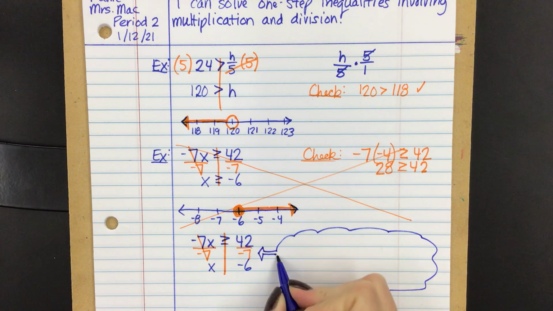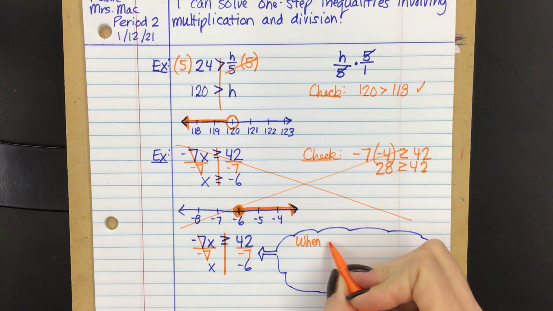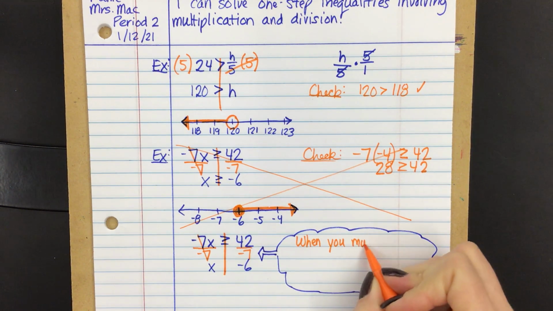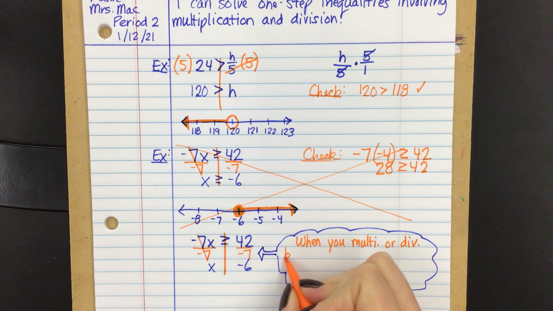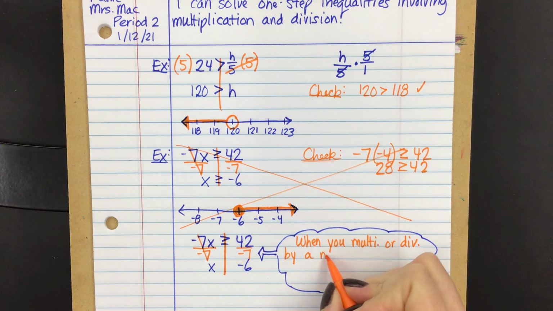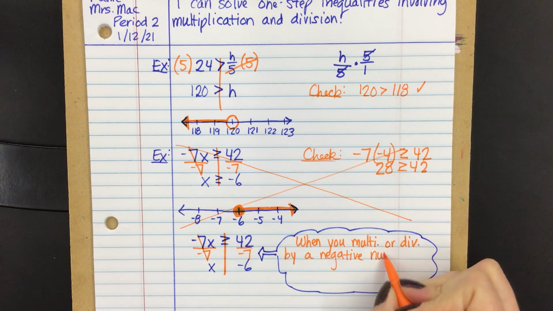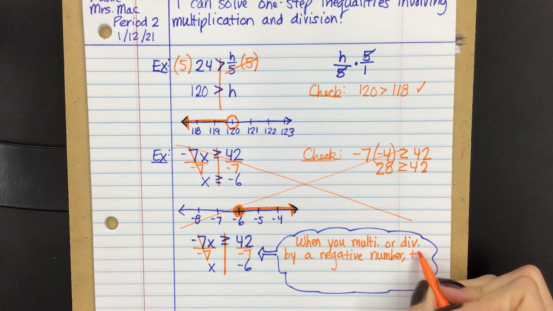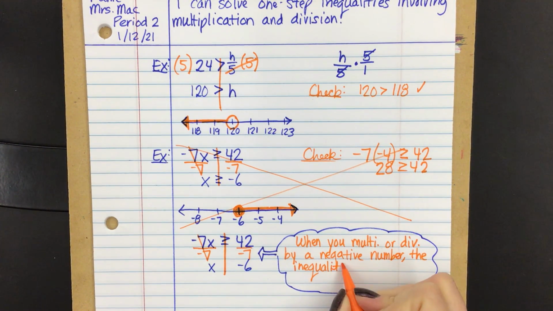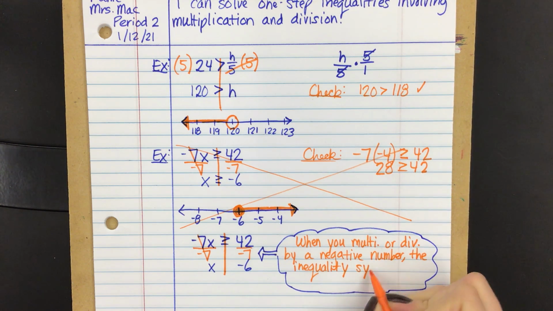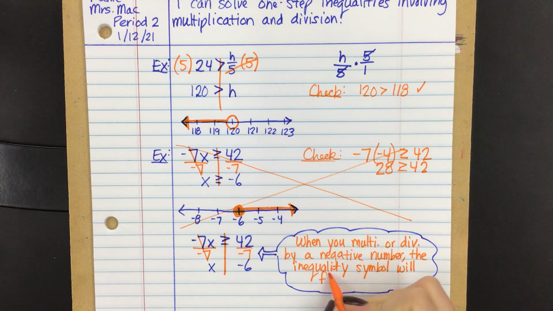And we're going to write down a rule, a special rule. Okay, when you multiply or divide by a negative number, the inequality symbol will flip.